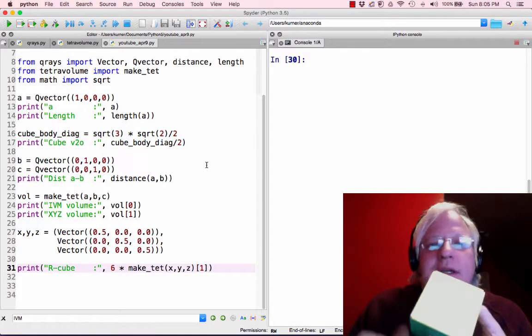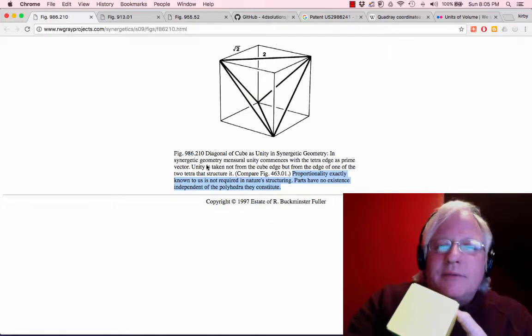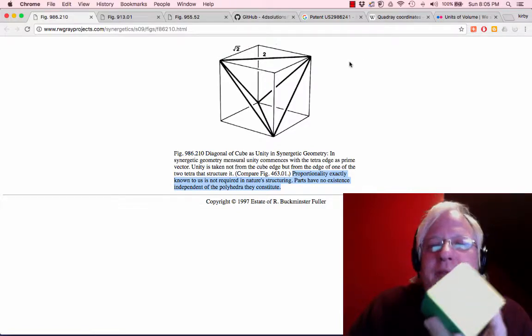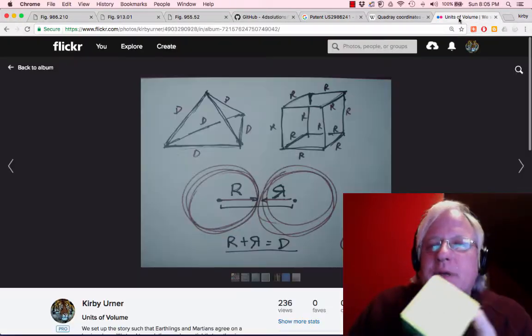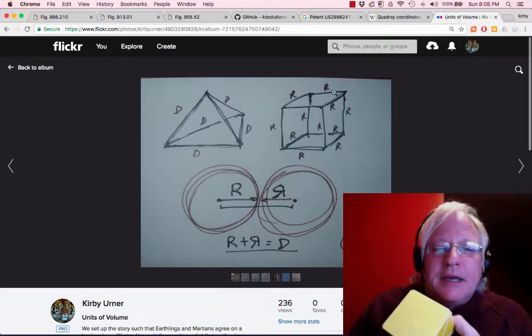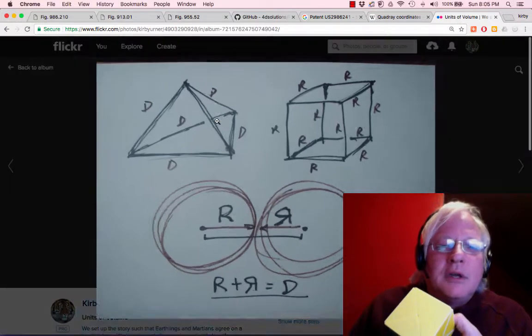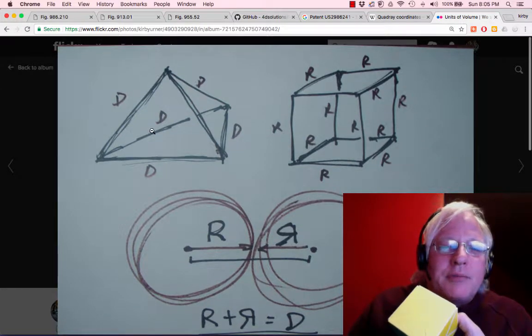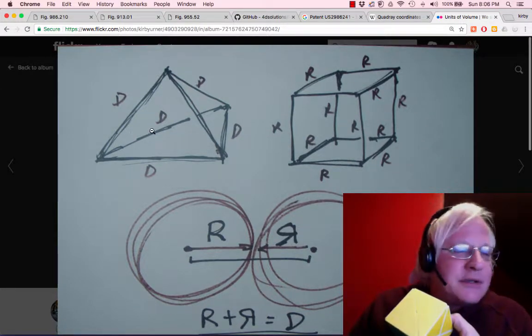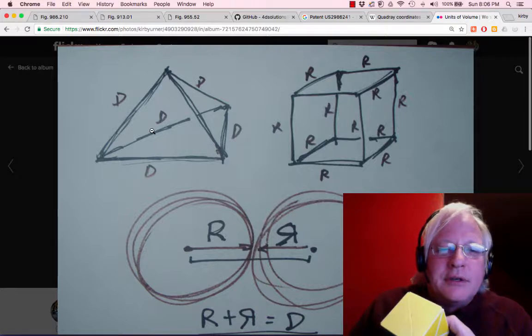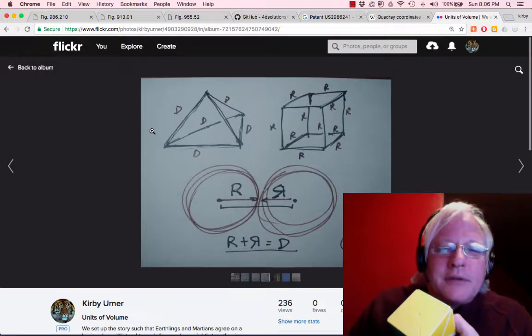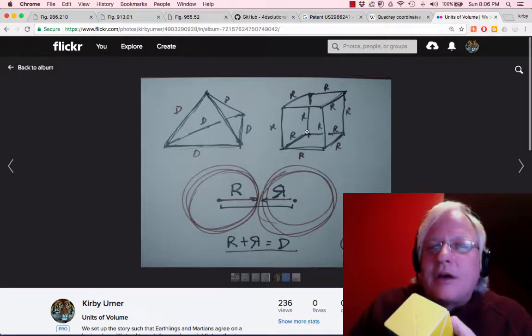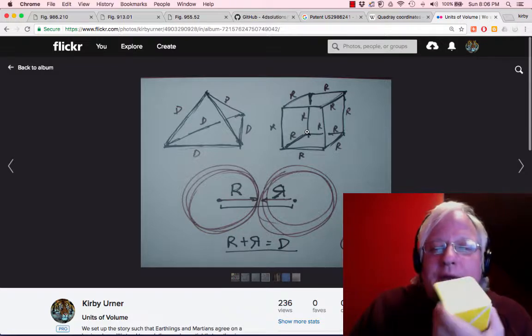Instead of using the unit edge of 1 or 2 as I'm using in this picture, or as Bucky was using, and assuming D being 2, let's have D be 1. So 1 to the third power, as we envision third powering in synergetics, is this tetrahedron on the left there. So that's going to be our unit volume in synergetics, and on the right, the R equals 0.5 or 1/2.